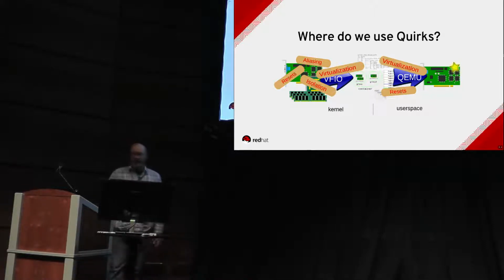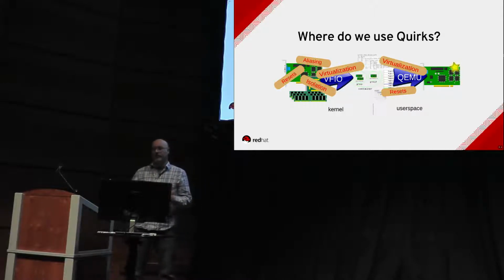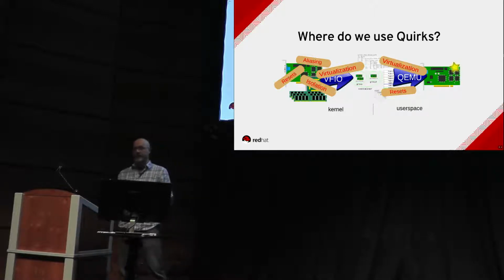So in our model of VFIO to user space, we have isolation quirks. I mentioned the IOMMU groups. Isolation quirks are targeting how we consider the isolation of individual devices, the size of those groups, because we want the groups to be as small as possible so we have the greatest granularity in our ability to use them in different ways with user space.